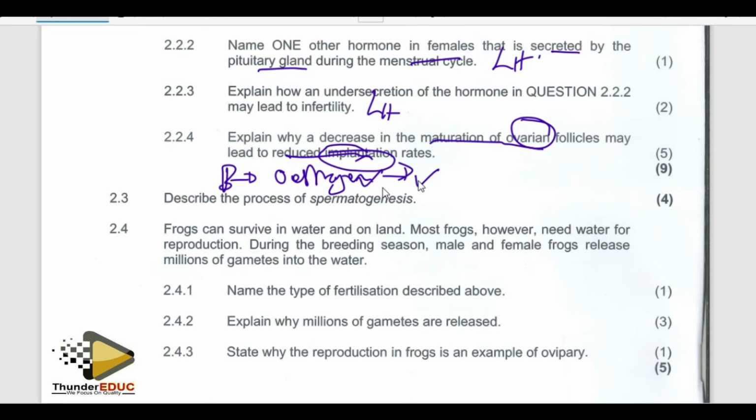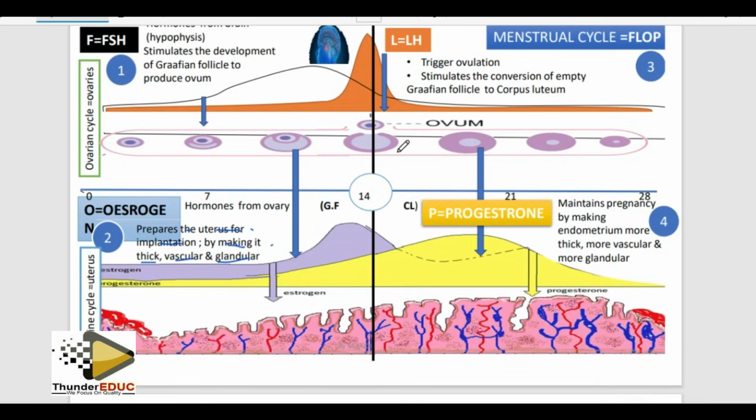How? It will be less thick, less vesicular, less granular. And then, if the endometrium or the uterus is not ready, there will be less chances of implantation to take place.